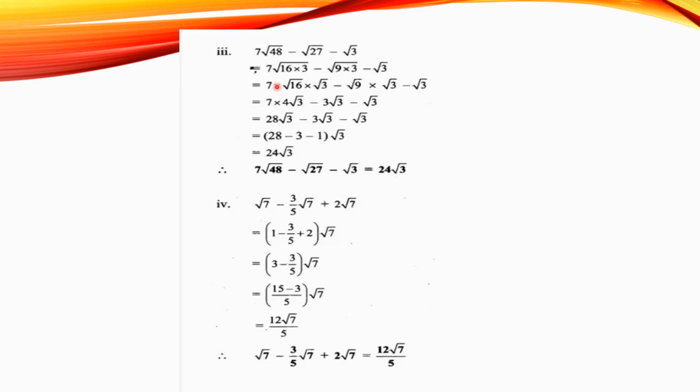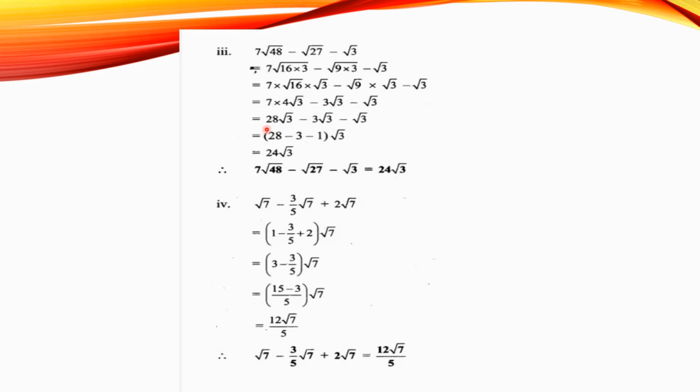So further factorizing, we get 7 multiplied to square root of 16 multiplied to square root of 3 minus square root of 9 multiplied to square root of 3 minus 1 into square root of 3. So when we factorize it, we get 7 multiplied to 4 multiplied to square root of 3. The next term will be minus 3 root 3 minus 1 root 3.